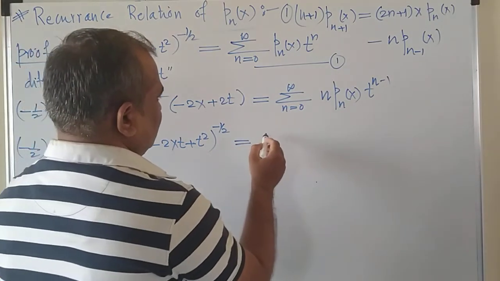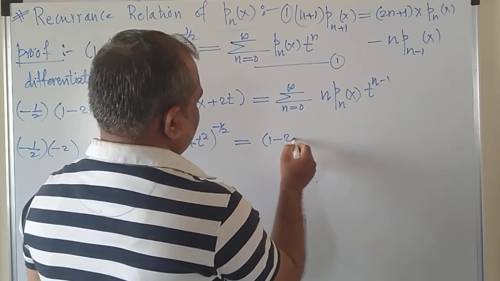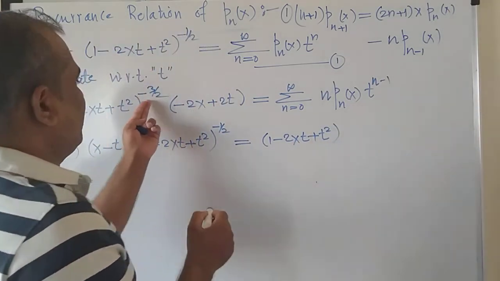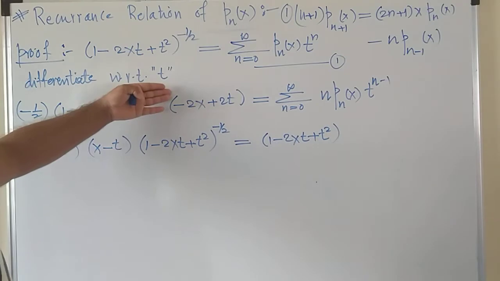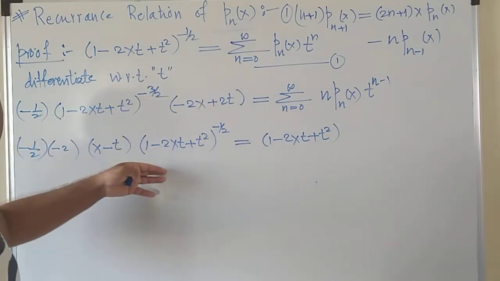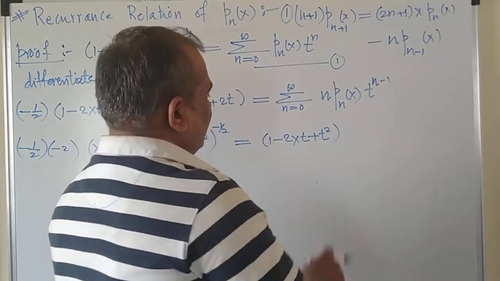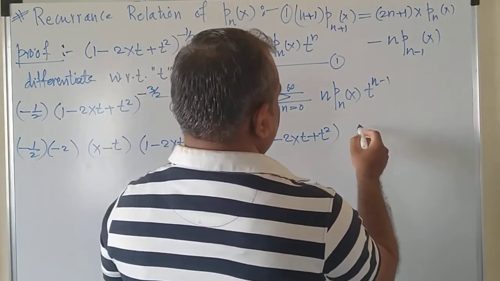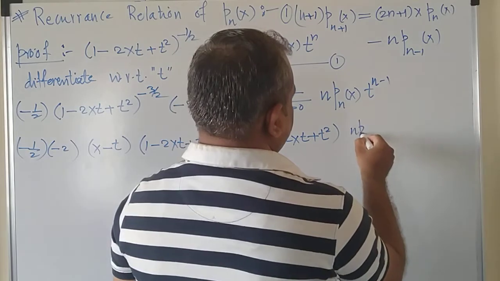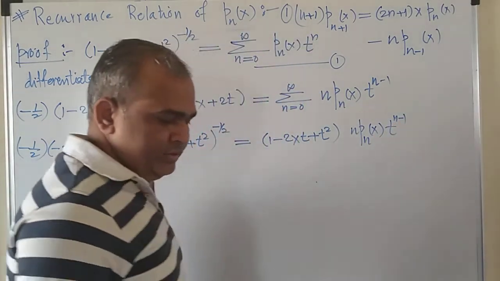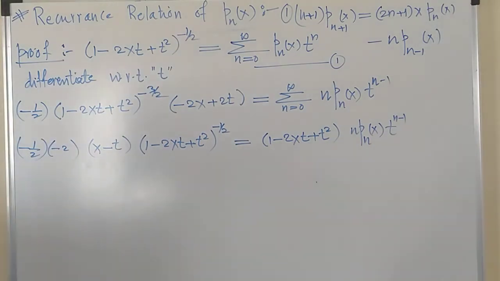So this is equals to 1 minus 2xt plus t square raised to power plus 1, into n Pn of x t raised to power n minus 1, isn't it? So we got this kind of relation.